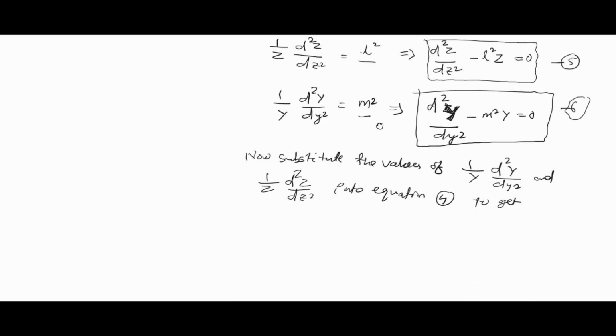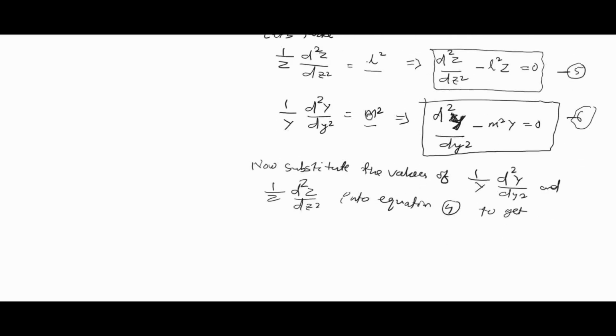If we substitute this there, then we will get 1/x d²x/dx² is equal to minus k² minus m² minus l², or we can write as minus of k² plus l² plus m².